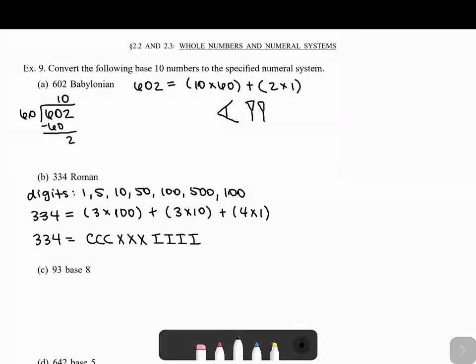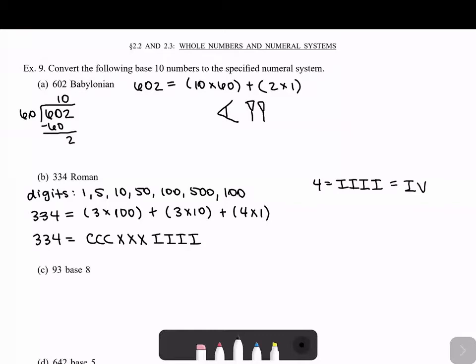Now at this point, you may be thinking, okay, but when I've seen Roman numerals, we never denote 4 with 4 ones. It's accurate, but more often we see 4 as 1 less than 5.